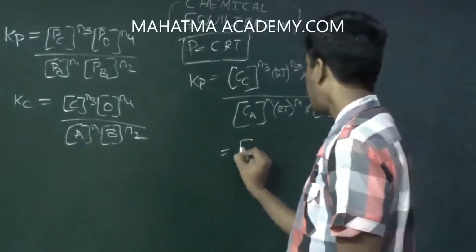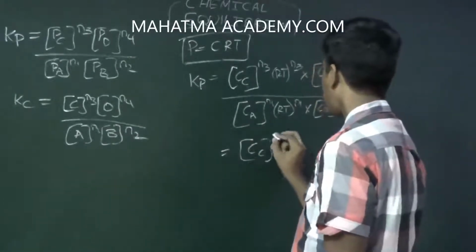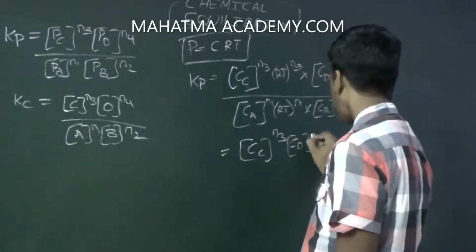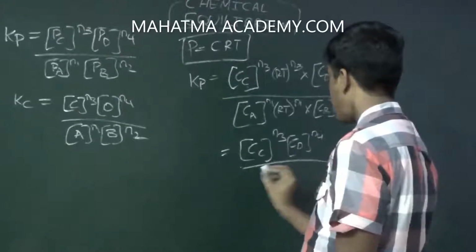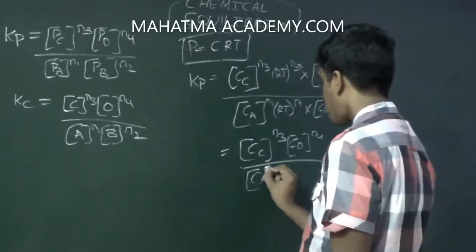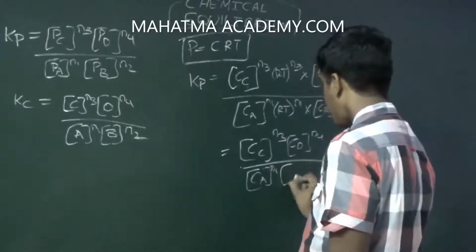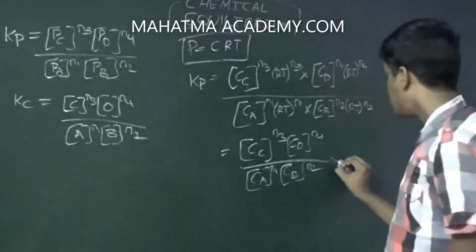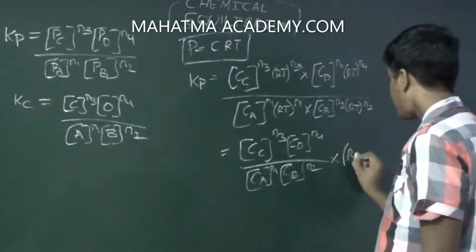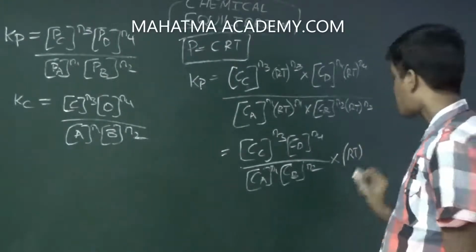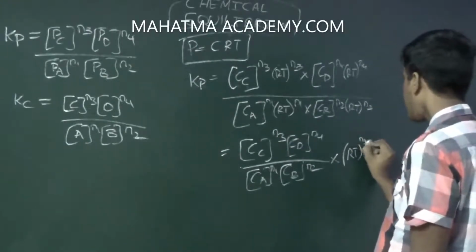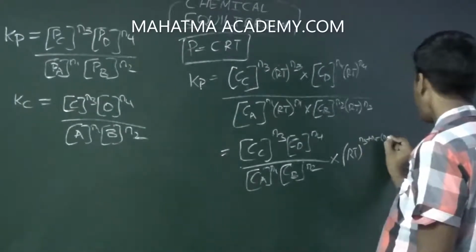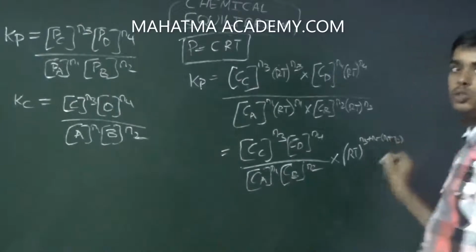So this is Cc to the power of n3, Cd to the power of n4, divided by Ca to the power of n1, Cb to the power of n2, into RT to the power of (n3 plus n4) minus (n1 plus n2).